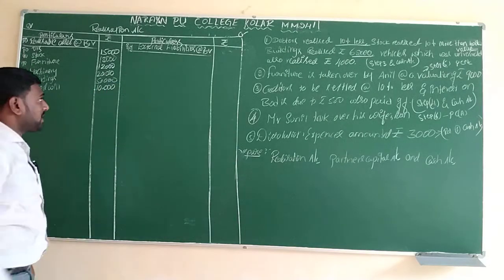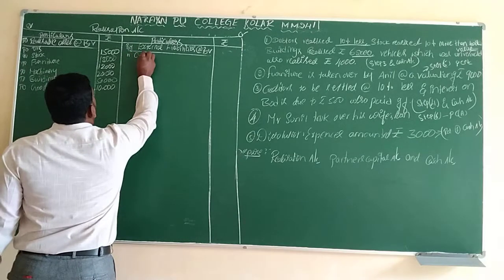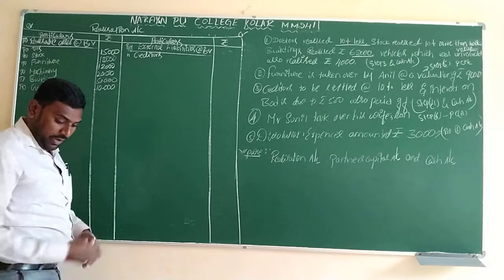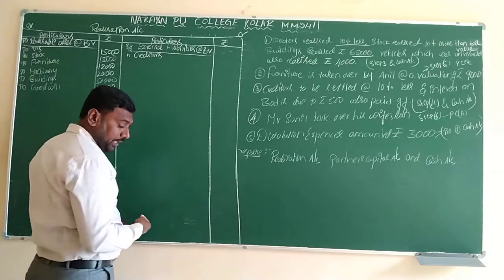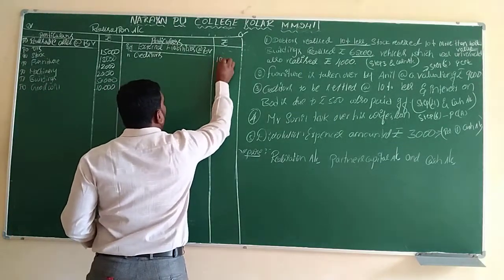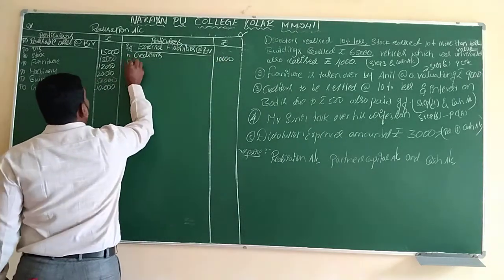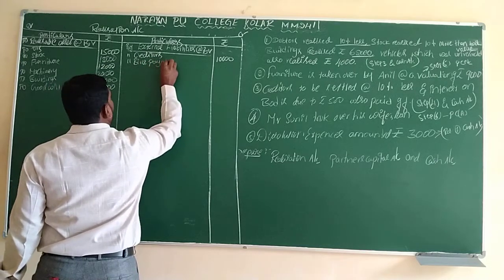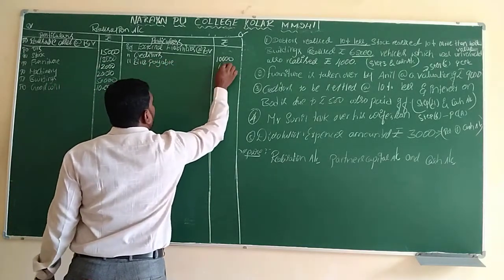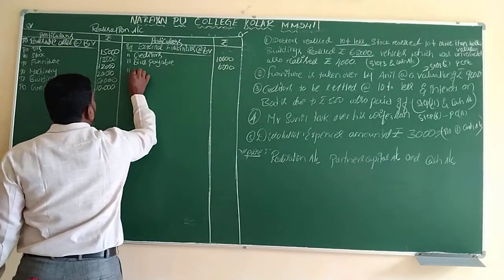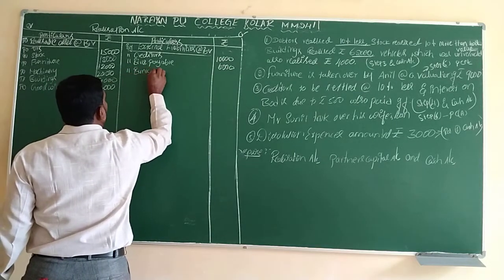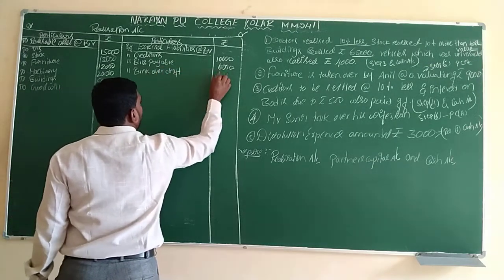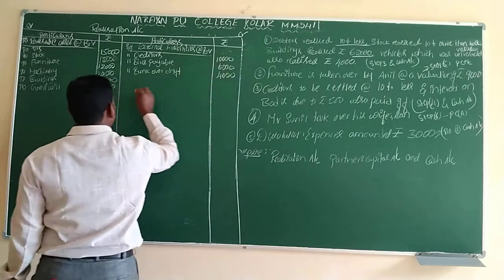So the first point is creditors. The value of creditors is 10,000. By bills payable 6,000. By bank overdraft 4,000.